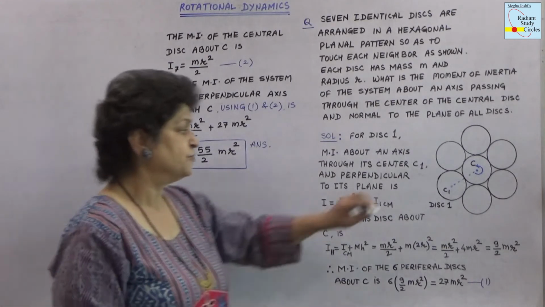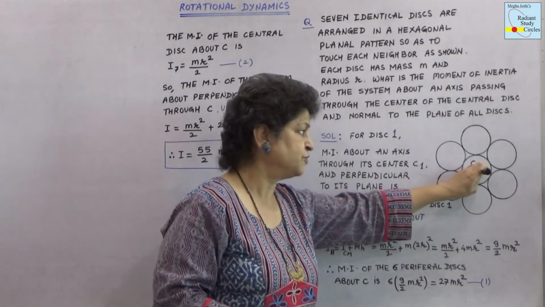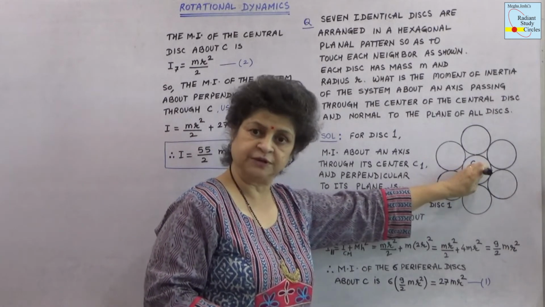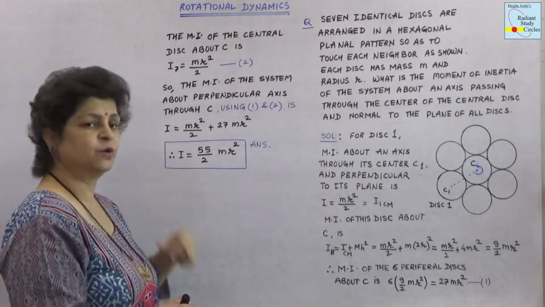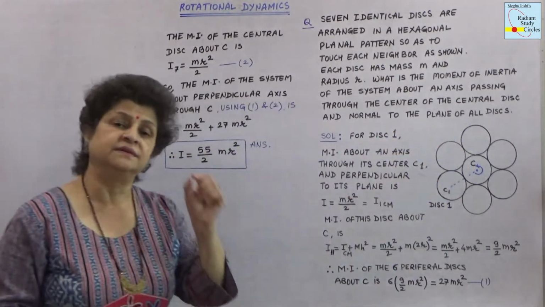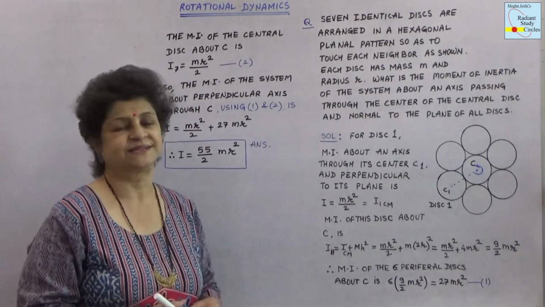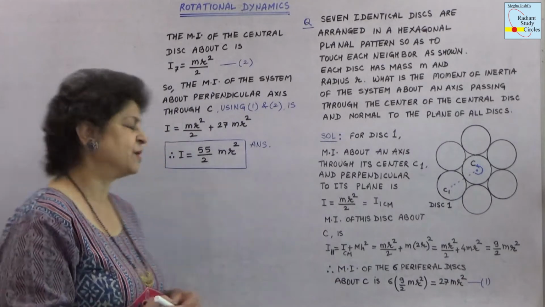So that for the axis through C1, we have the formula for moment of inertia about center of mass, which we already calculated, and this happens to be the distance between the two parallel axes once more. So let's calculate moment of inertia about C1.